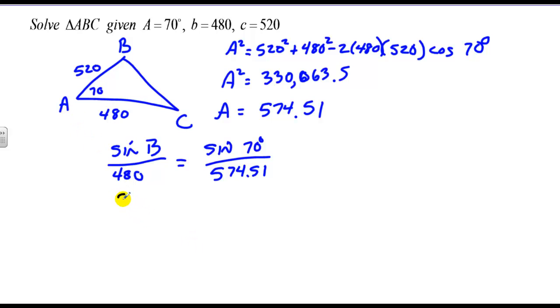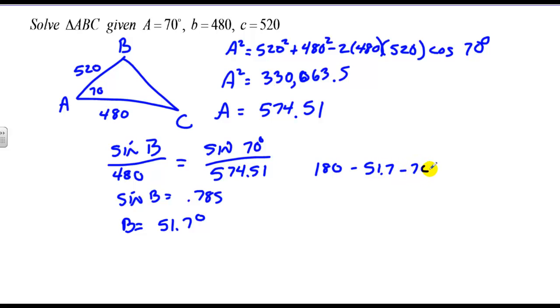Therefore, the sine of B is 0.785 roughly, and angle B equals about 51.7 degrees. Once I have those two angles, I subtract and get my angle C. So I take my 180 degrees minus my 51.7 minus my 70, and that gives me an angle C equaling 58.3 degrees.